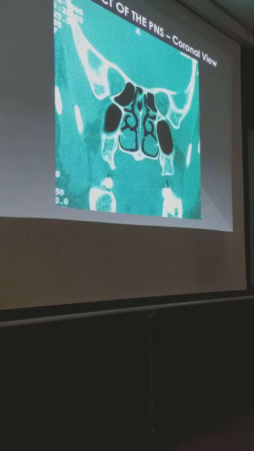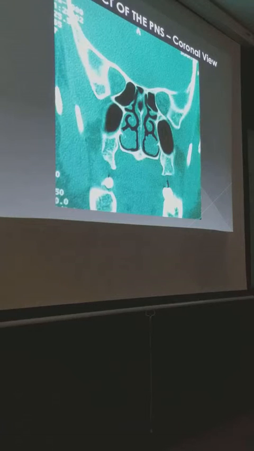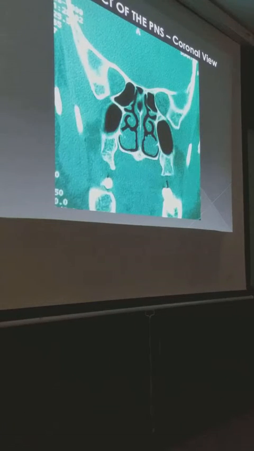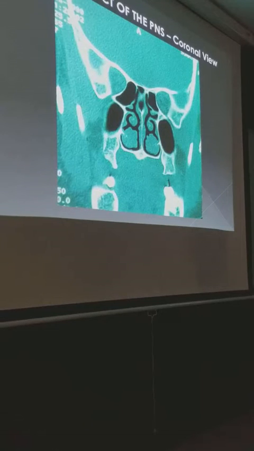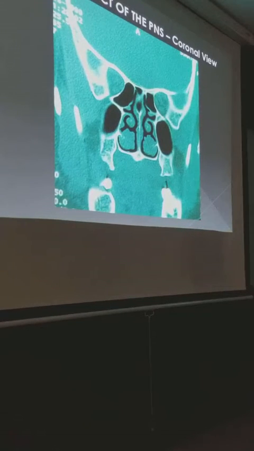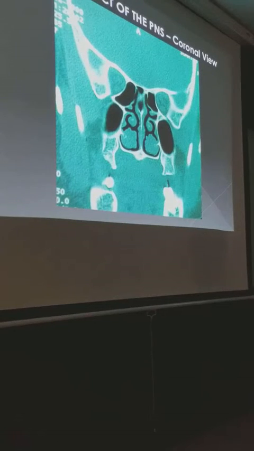If you're not aware or cognizant of the Onodi cell, you might actually injure, and as I will show you later, you might actually injure the optic nerve. Right? So it's very important to know the Onodi cell, so you know, oops, it's an Onodi cell, it's not yet a sphenoid, right?